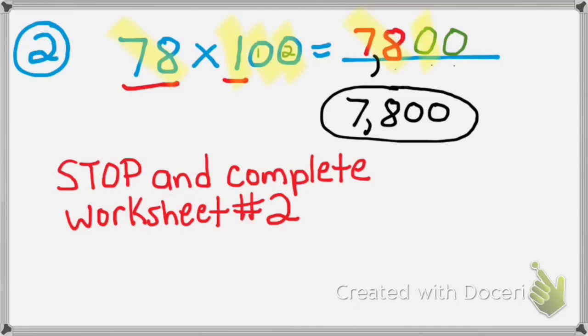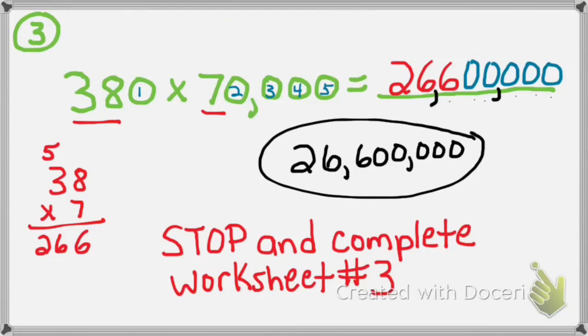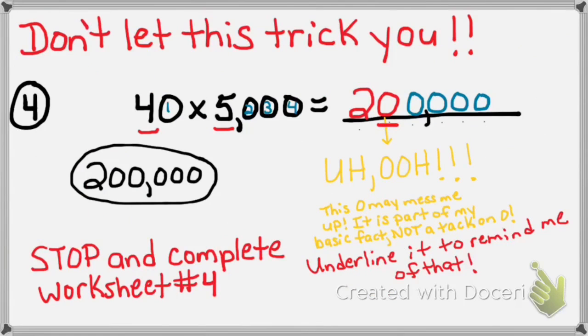My 2 ending zeros tack on to give me 7,800. In example number 3, we saw that you could have a problem where you need to work it out on paper. My basic fact is 38 times 7. I worked it out right down here. I counted my 5 ending zeros to get my final answer.